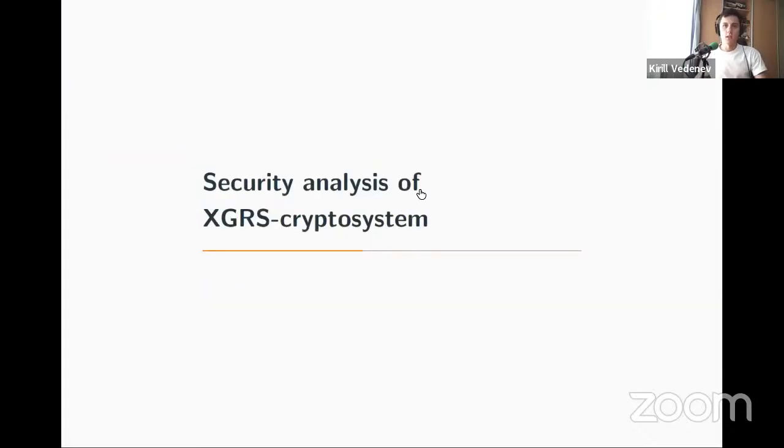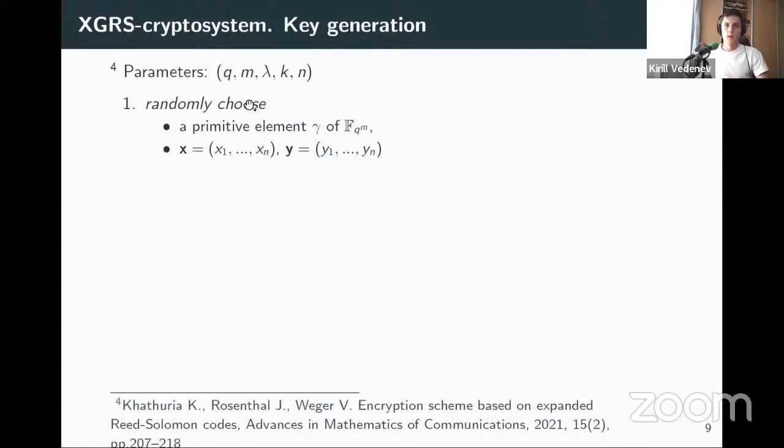Now let's consider the XGRS cryptosystem. Key generation. We choose a primitive element gamma of the extension field. We choose the support and the multiplier of the generalized Reed-Solomon code.